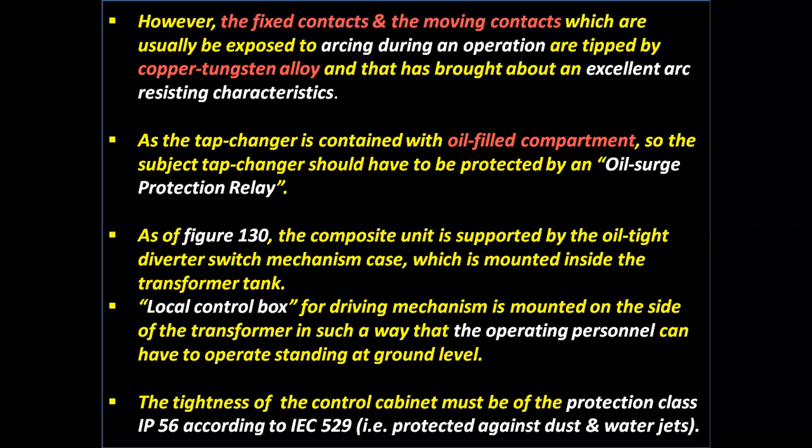As of figure 130, the composite unit is supported by the oil-tight diverter switch mechanism case, which is mounted inside the transformer tank. The local control box for the driving mechanism is mounted on the side of the transformer in such a way that the operating personnel can operate standing at ground level.